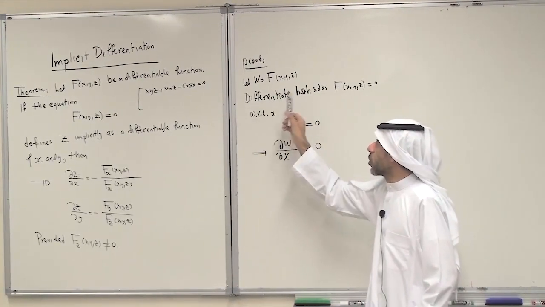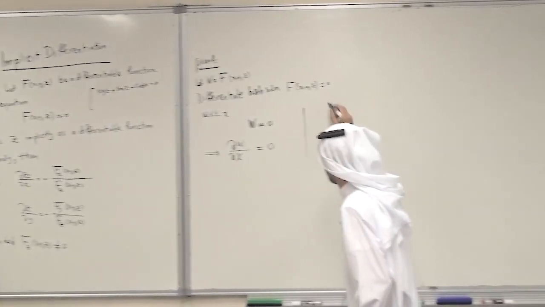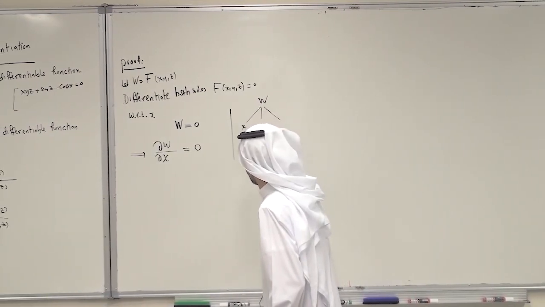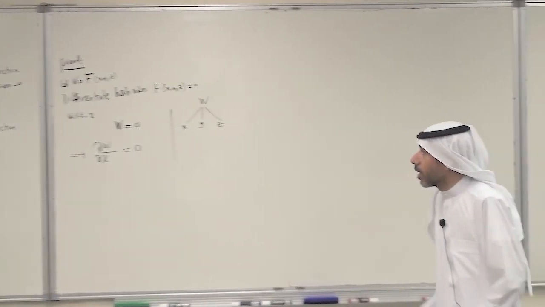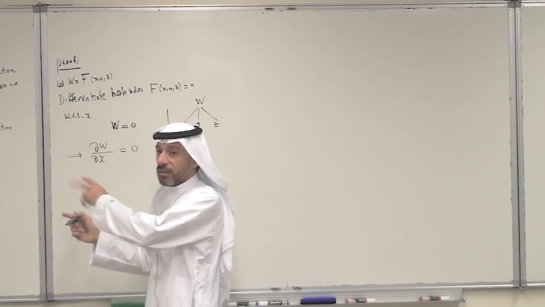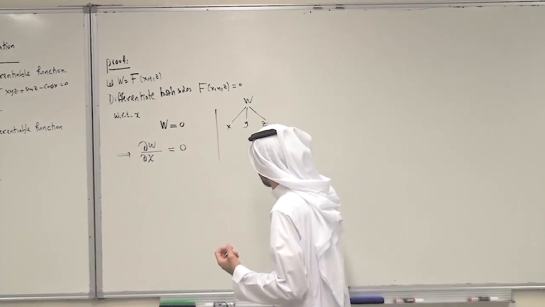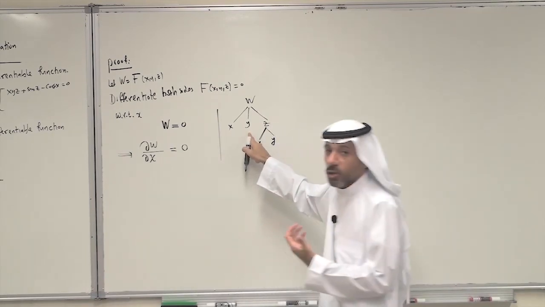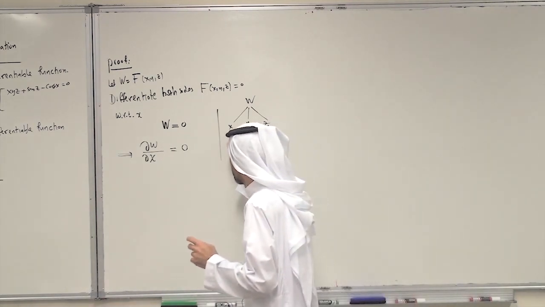Now what is partial w with respect to x? Well, I have the chain rule here. w is a function of x, y, and z. It is given that z is a function of x and y, defined implicitly. y is not a function of x; it is just a main variable. x is a function of itself.